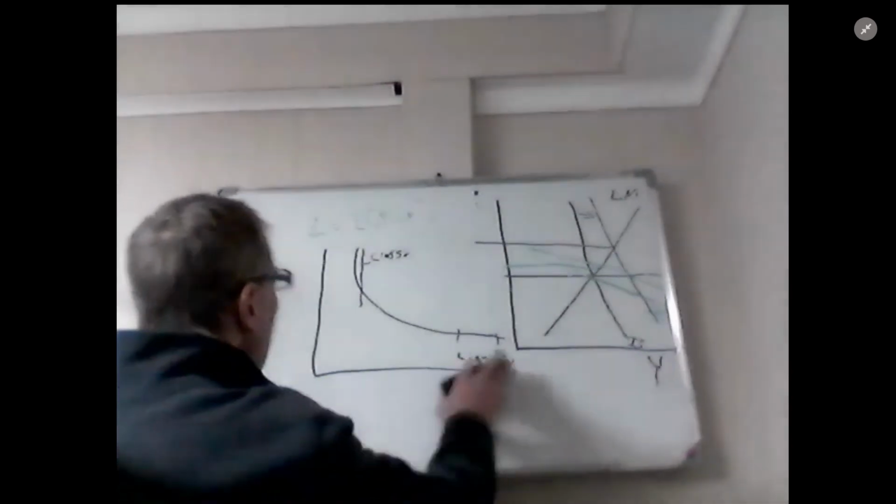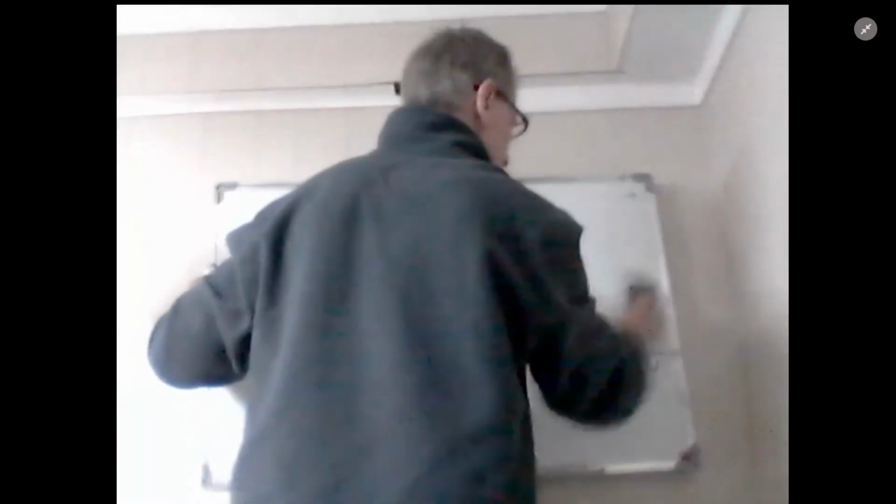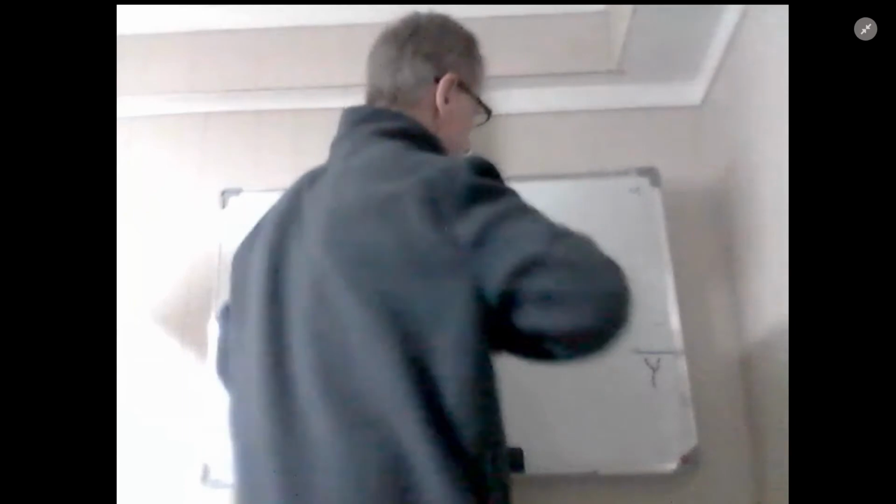Okay. So let's see what happens in the classical case. Here we're taking the IS curve as given.